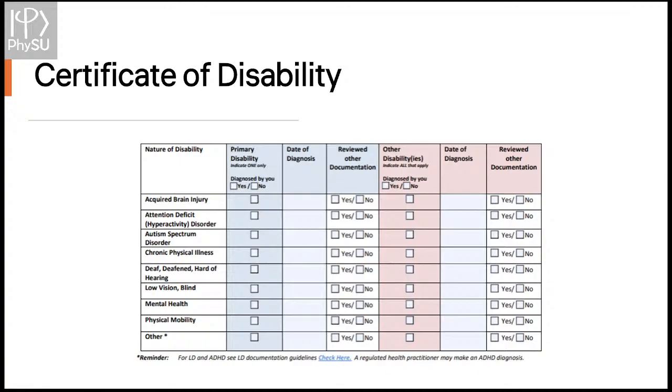If you want to disclose your mental disability, there are options for that. As you can see, if you have ADHD, if you have autism, that could be disclosed. For other mental disabilities, they all sort of fall into this category.